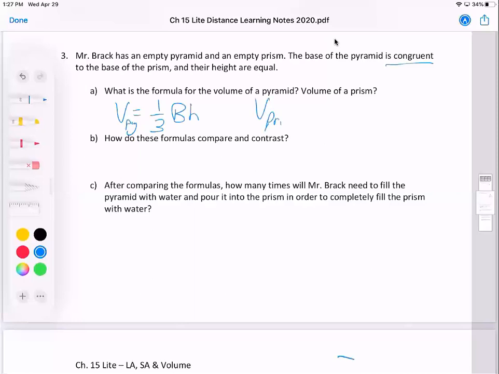The volume of a prism is the area of the base times height. How do these formulas compare?